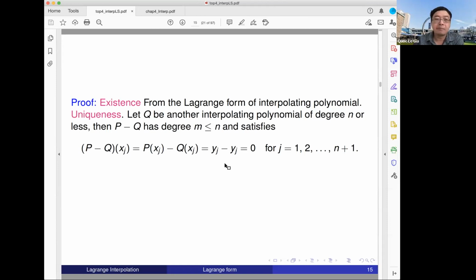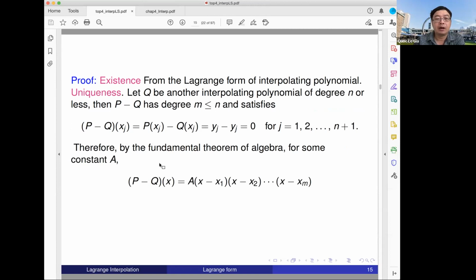But now we want to apply the fundamental theorem of algebra. If you apply it, then you can factor p minus q in this form: a product of x minus x1, x minus x2, up to x minus xm. Because we don't know what degree m p minus q is, we just know that m is less than or equal to n.